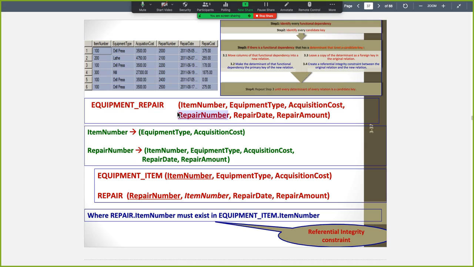In this case, we split this table into multiple tables. Each one of them has a primary key, item number. So now if we look at the equipment, you know the item number, you know everything about that equipment. Good. Repair is a concept. You know the repair number, you know the information about repair from that repair number. So this makes more sense after normalization.